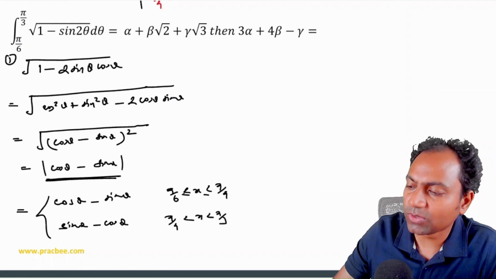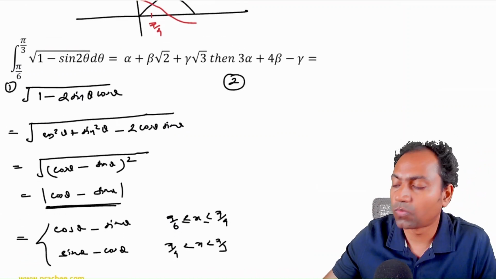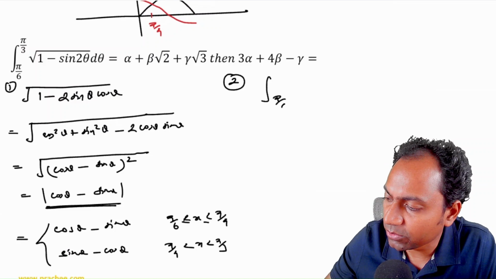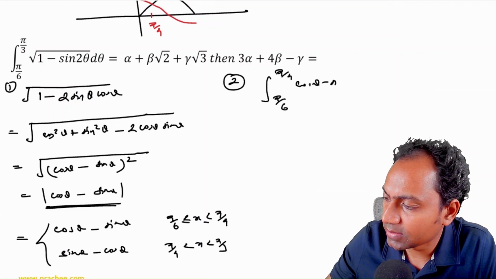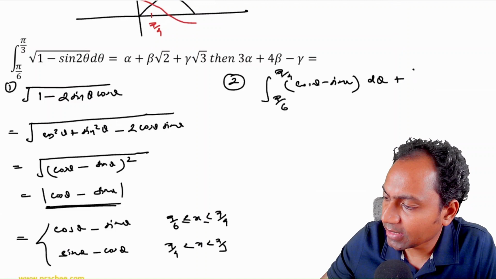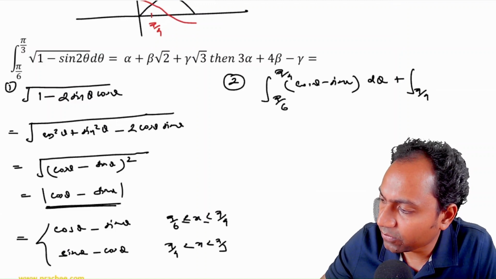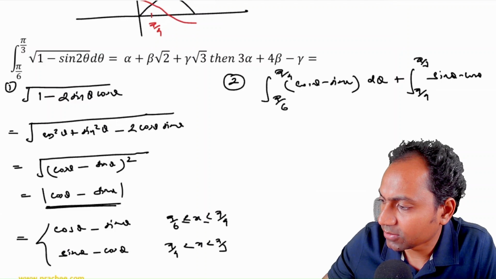Once you have done this basic interpretation, the next part is nothing but integration. So what we can do is we can split it into two parts, pi by 6 to pi by 4, cos theta minus sin theta d theta. And the second part becomes nothing but pi by 4 to pi by 3, sin theta minus cos theta.